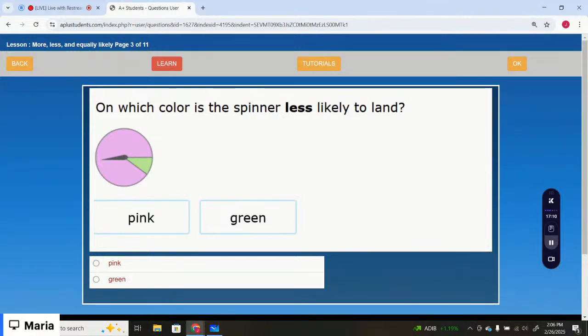On which color is the spinner less likely to land? That is pink or green.